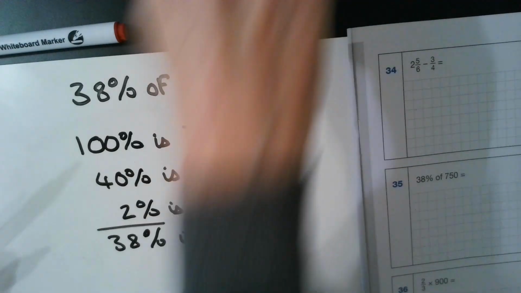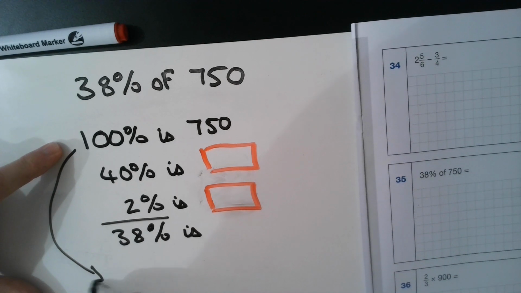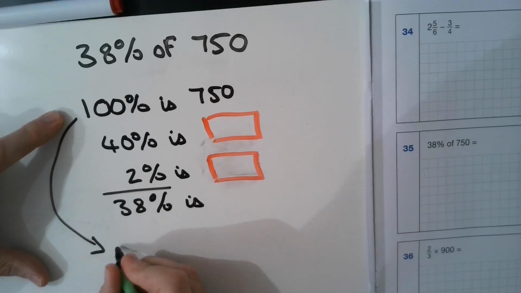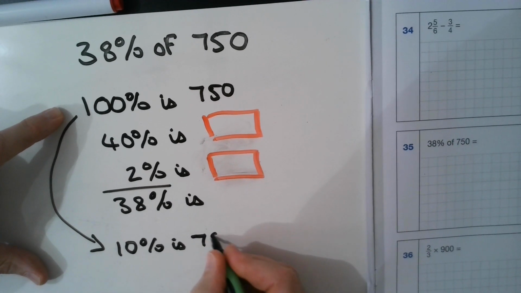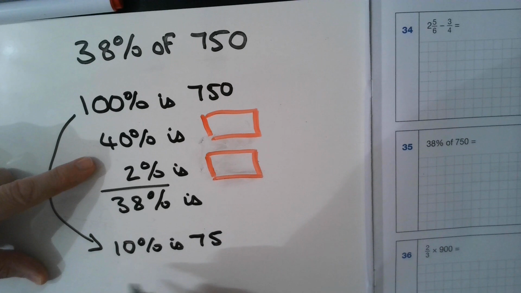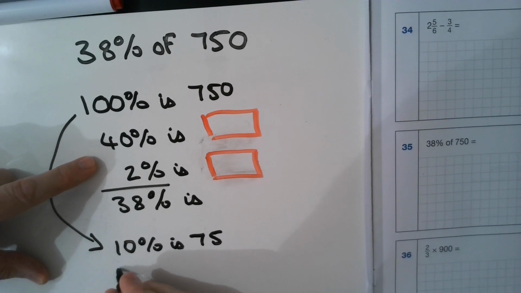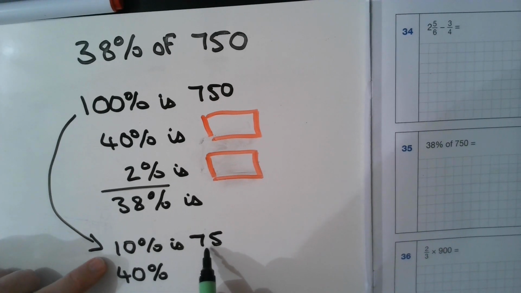40% and 2%. So, if we've got 100%, well, we know that 10% is going to be 10 times smaller, so 75. So 40%, if I double that and then double it again, because double 10 is 20, and you double it again, you get 40.